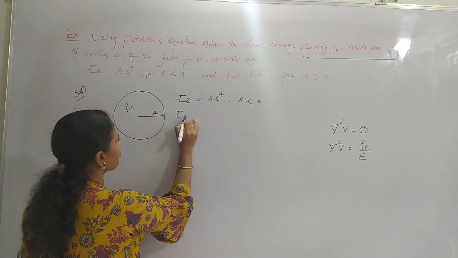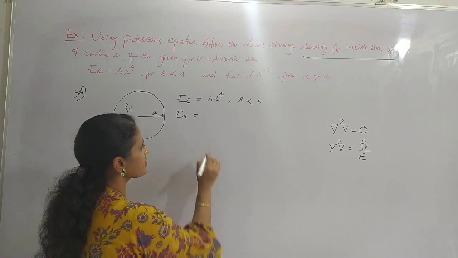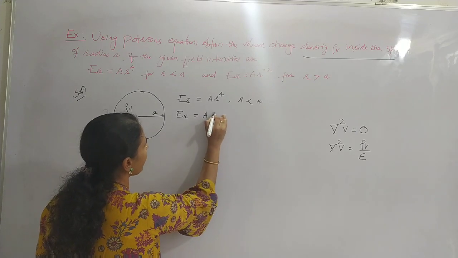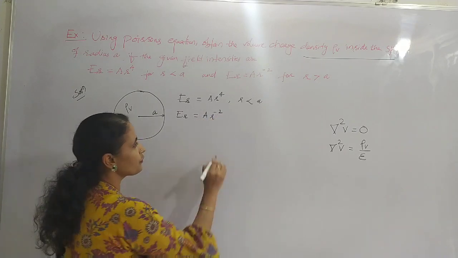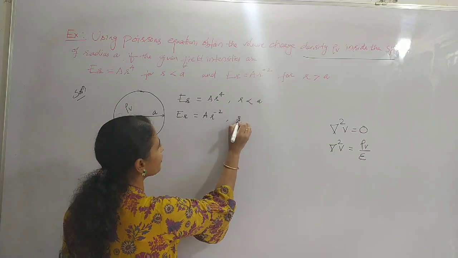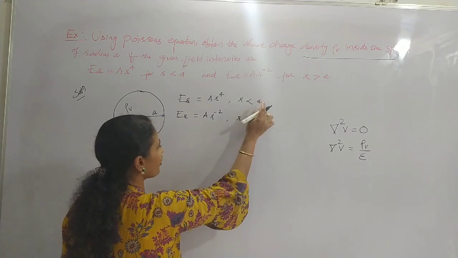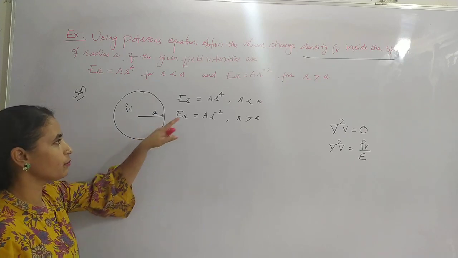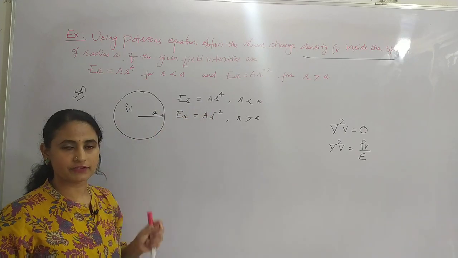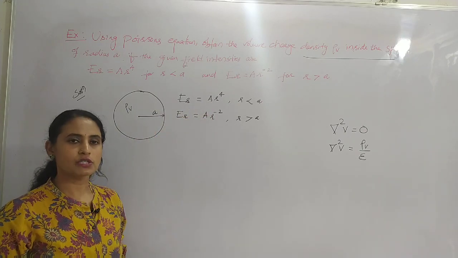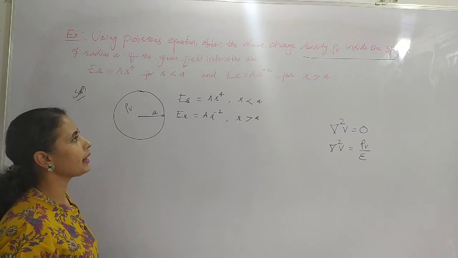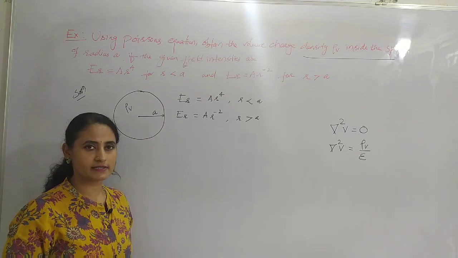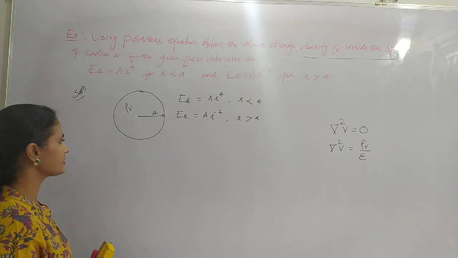And one more value of field intensity is given as A into R to the power minus 2, when R is greater than A. What is A? A in both cases is the radius of the sphere. So our task is to obtain the volume charge density by using Poisson's equation.